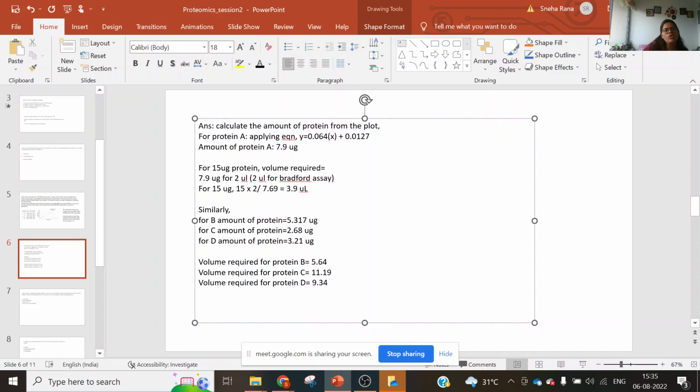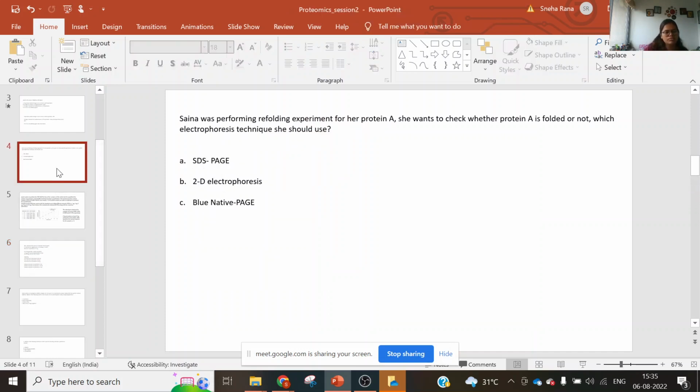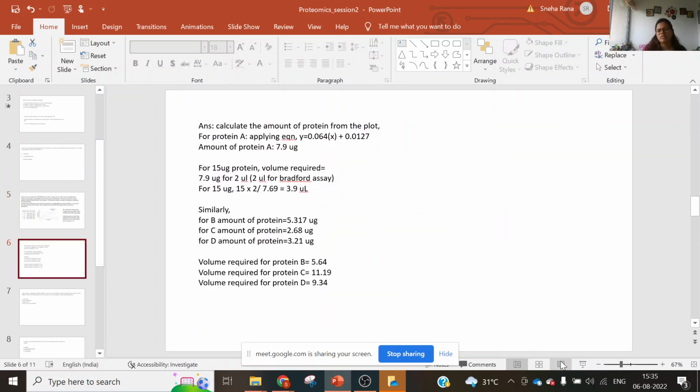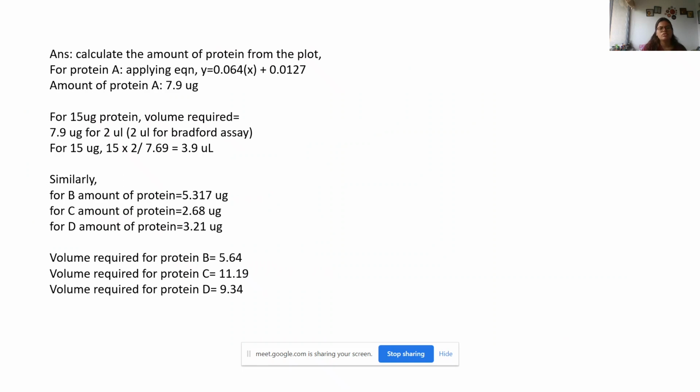So now you want 15 microgram of your protein. If you want to load 15 microgram, then how much volume will you require? It is simple mathematics. 7.9 microgram for 2 microliter, then for 15 microgram, how much?